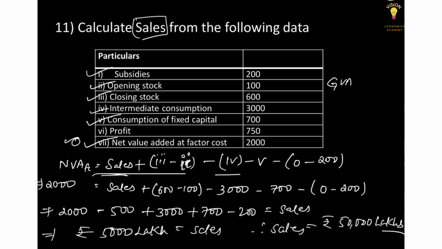From GVAMP we have to subtract depreciation to get net value added at market price, and then we have to subtract net indirect taxes as well. So when we did that, we got the value of sales, because the value of sales was what we needed to find, as NVAFC was already given. So we equated NVAFC with its standard formula and then we got the value of sales.